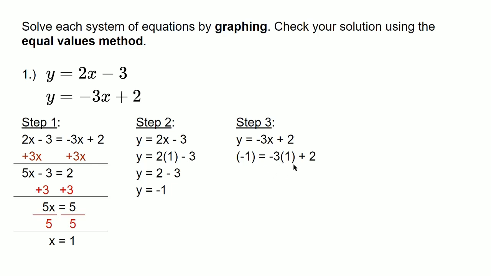Doing that multiplication, negative 3 times 1 is negative 3. And then adding the negative 3 and the 2, I get negative 1 is equal to negative 1. So we did that step correctly. So we can now write our solution as an ordered pair, 1, minus 1.